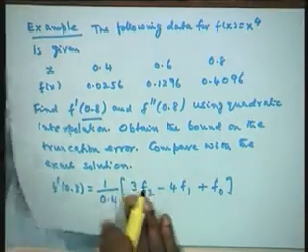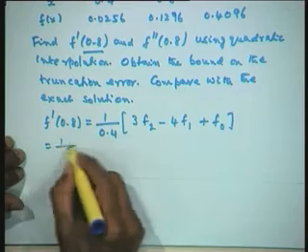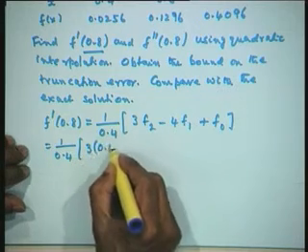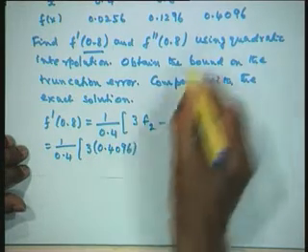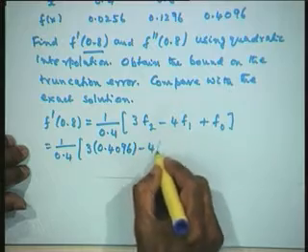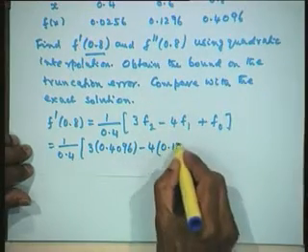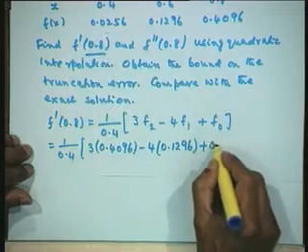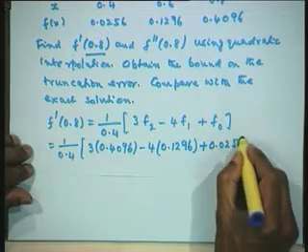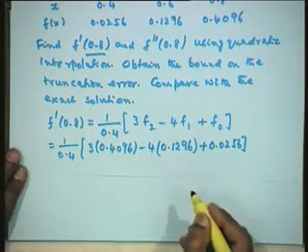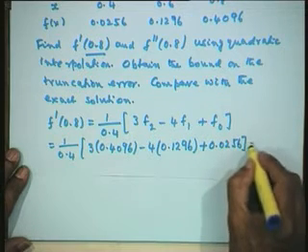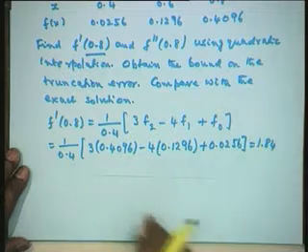Now, let us substitute the values. That is 1 upon 0.4 times 3 times 4096, that is f 2, minus 4 times f 1, 1296, plus f 0, 0.0256. I can simplify this, the value is 1.84.